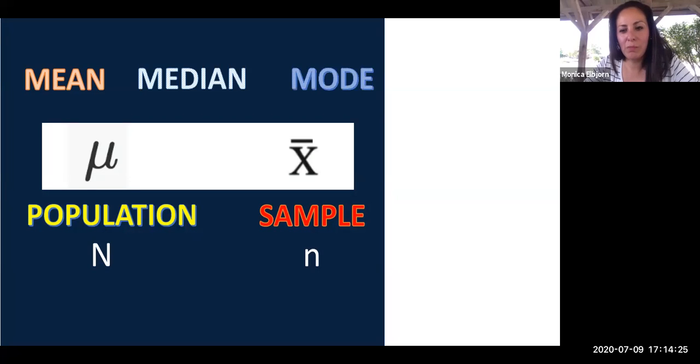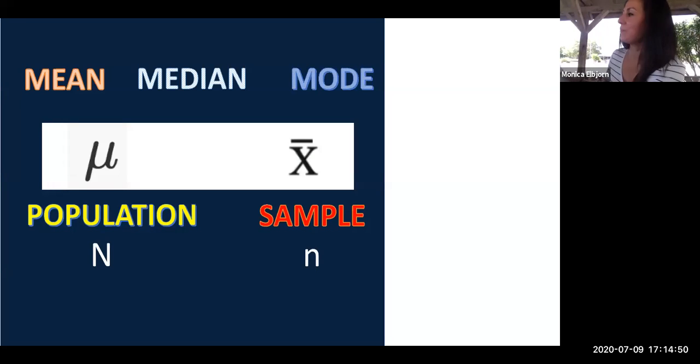Do you remember what our median was? The median was the middle number of a set.